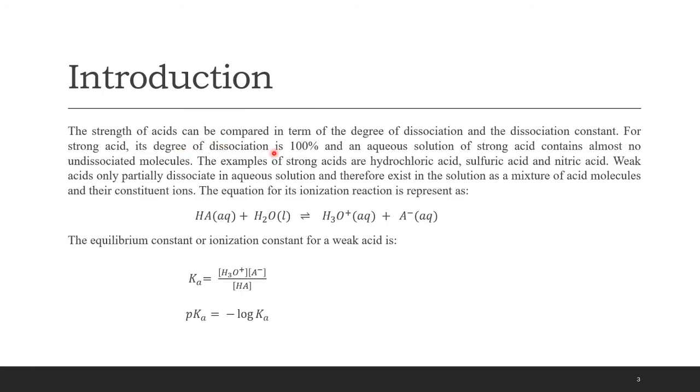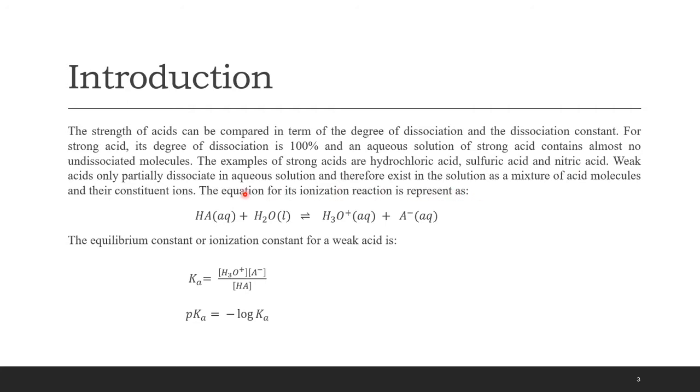This should be familiar to you. You know that the strength of acids can be compared by the value of the dissociation constant. For strong acids, you have 100% dissociation, and there are almost no undissociated molecules. Examples of strong acids are hydrochloric acid, sulfuric acid, and nitric acid.